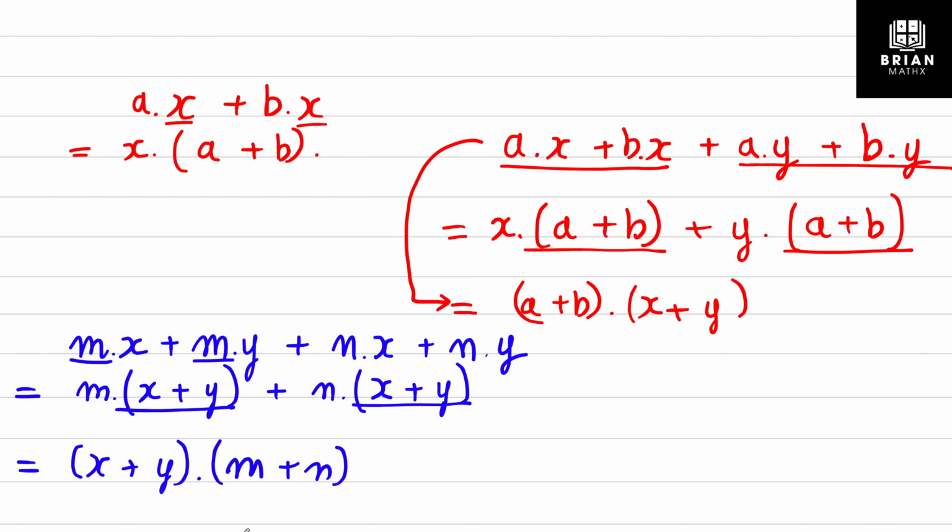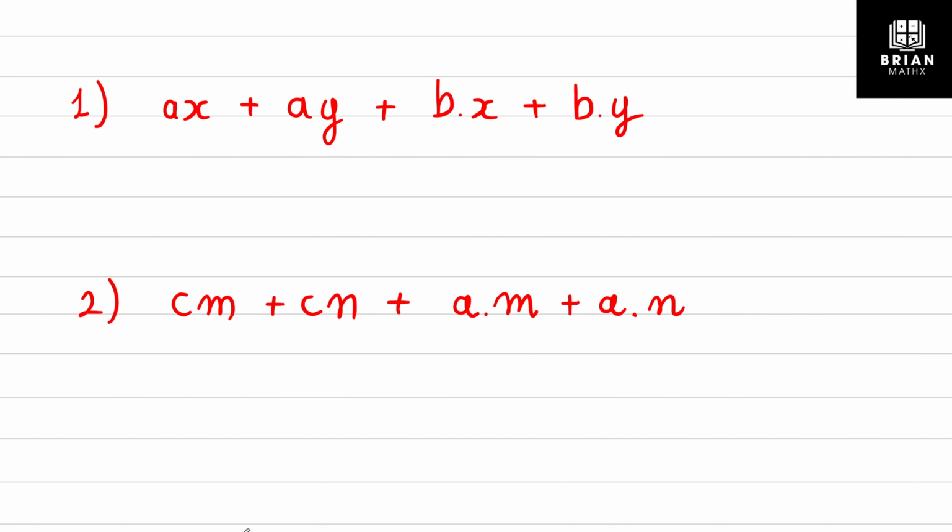This is example 2, and I want you to practice by yourself with me. Question 1 is like this, and question 2 is something here. So I have AX, AY, BX and BY. The first two terms are AX and AY. Take A outside because A is a common factor.